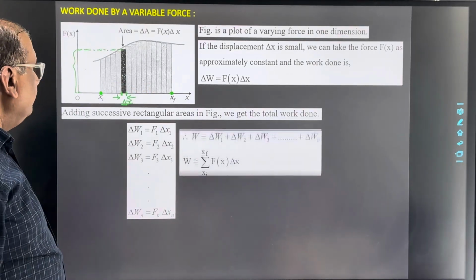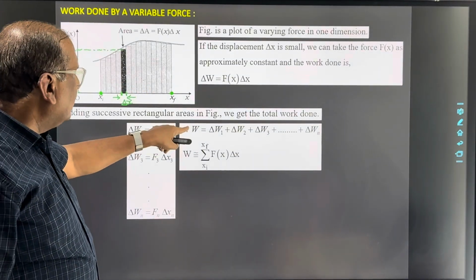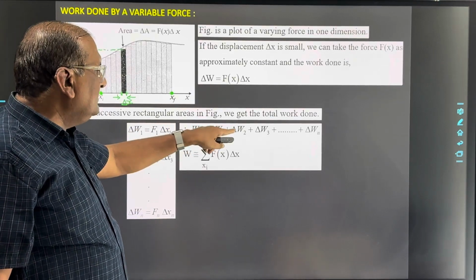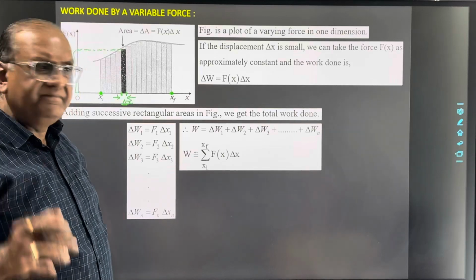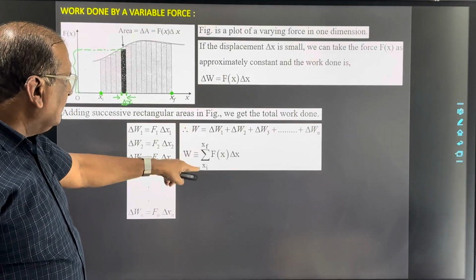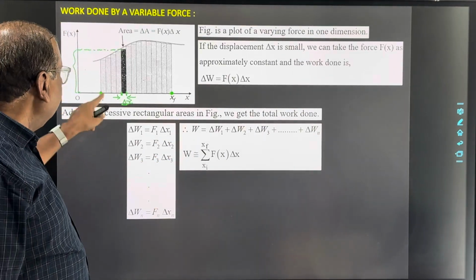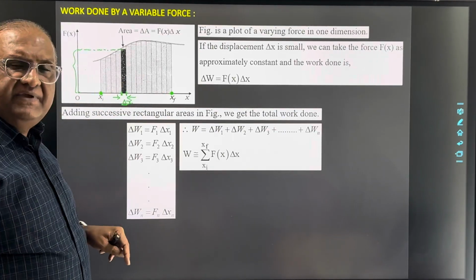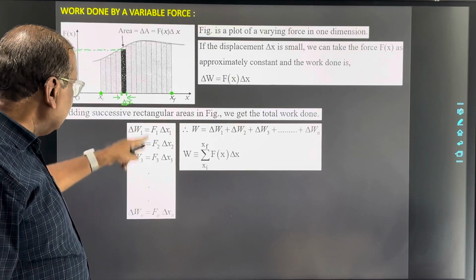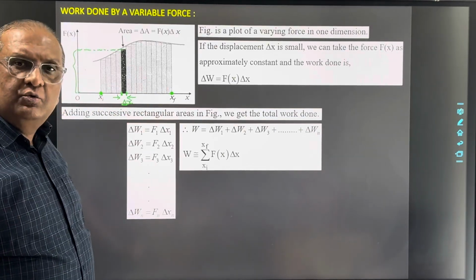Clear? So we can write the total work done, that is delta W1 plus delta W2 plus delta W3 up to delta Wn. So W is the sigma from xi to xf. We have to take this number of strips between xi and xf. So we have to take this type of summation between these two limits.